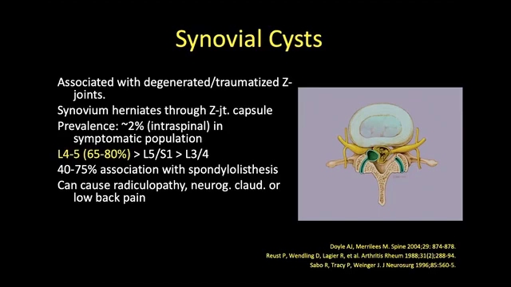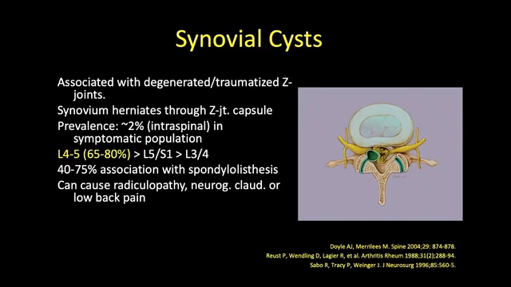The prevalence is about 2% in the symptomatic population, 2% that will go into the canal and potentially cause radicular type symptoms. They're most common at L4-L5 in 65 to 80%, but also see them at L5-S1 and L3-L4. So basically the mid to lower motion segments in the lumbar spine.